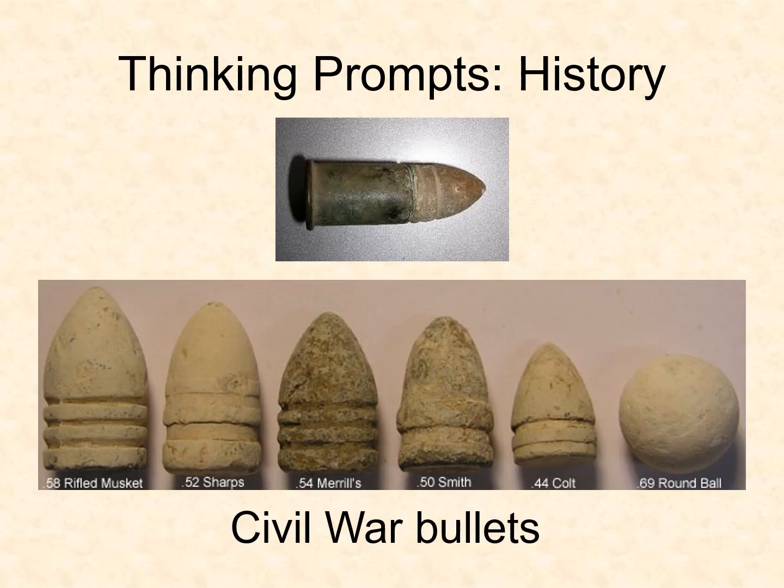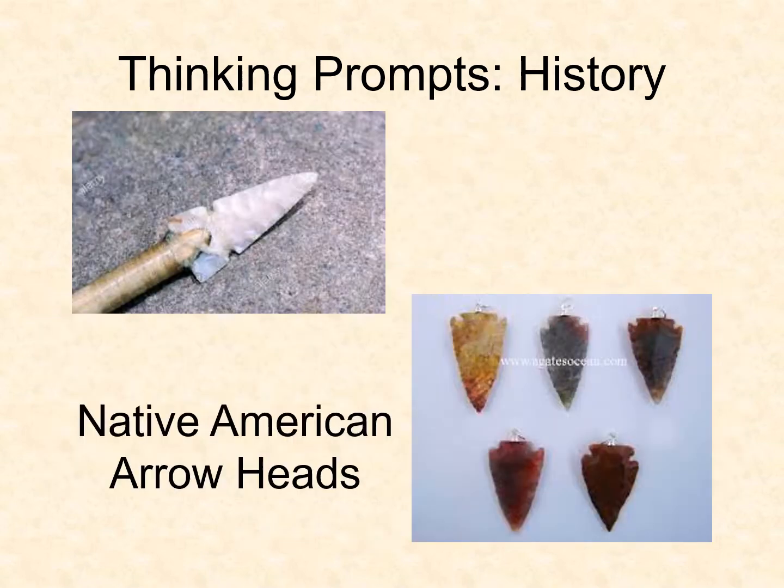A history teacher might be able to locate something like a Civil War bullet and allow students to actually touch it and to see these artifacts up close and personal. In history, if students are able to actually view and touch an arrowhead from Native Americans, that will really make that learning much more relevant to them.